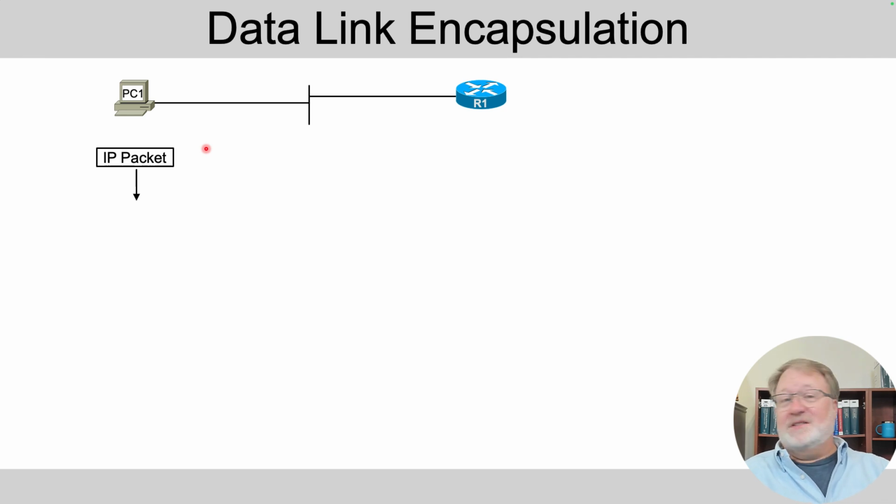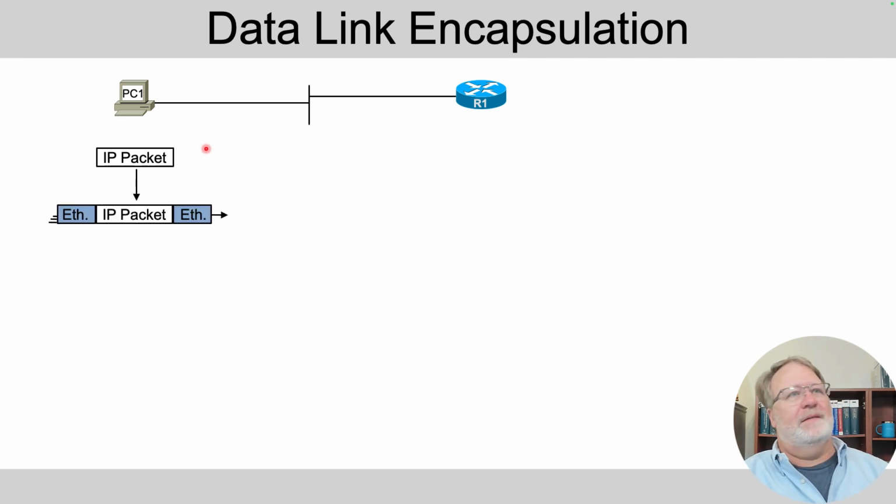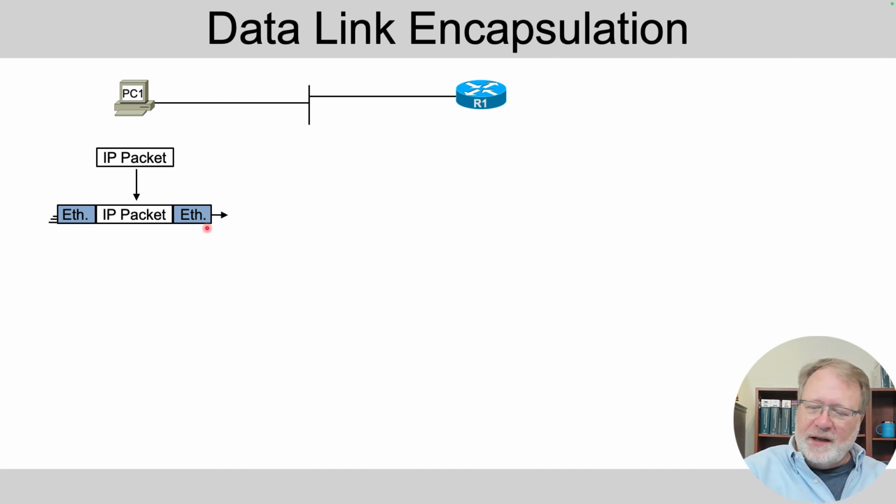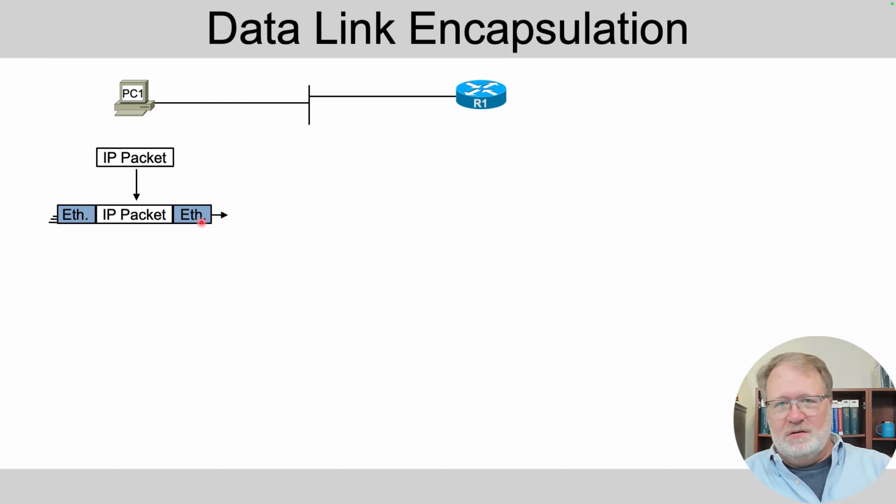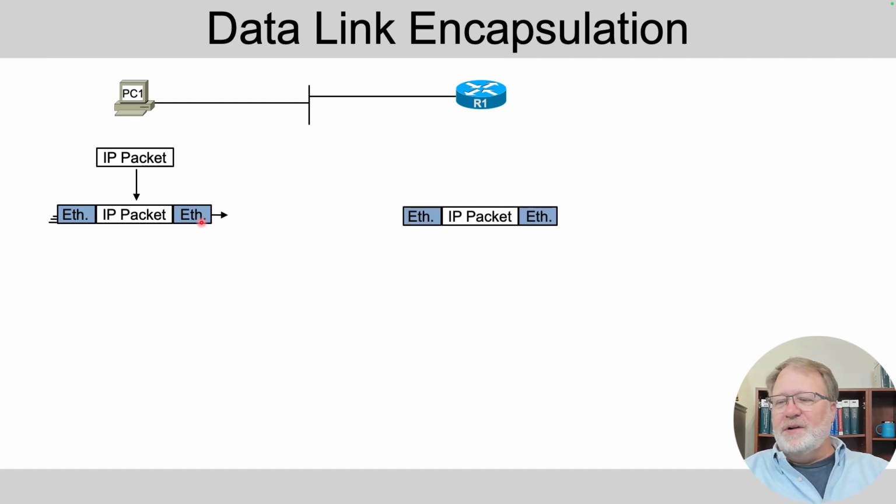So the equivalent is that PC1 takes the packet and puts it inside another message, a data link layer frame with a header and trailer that's defined by that data link protocol. In this case, ETH is short for Ethernet. So there's this idea of an Ethernet header and trailer. And that is what's street legal. That's what's allowed to be transmitted on the Ethernet physical links. And this travels over the Ethernet and is received by router R1.